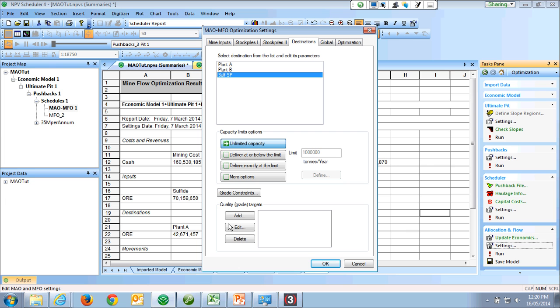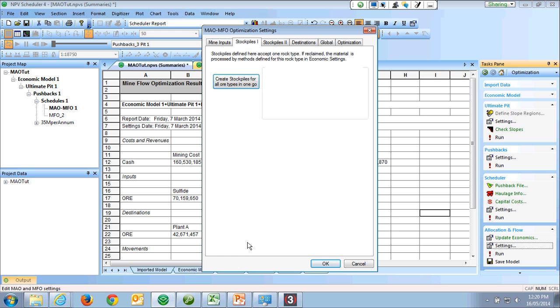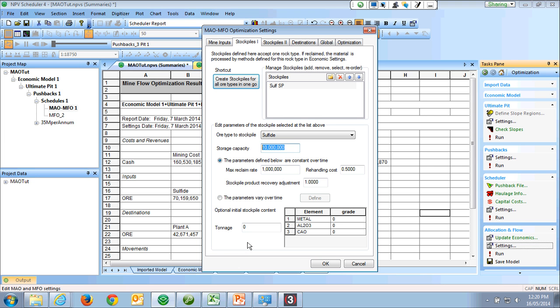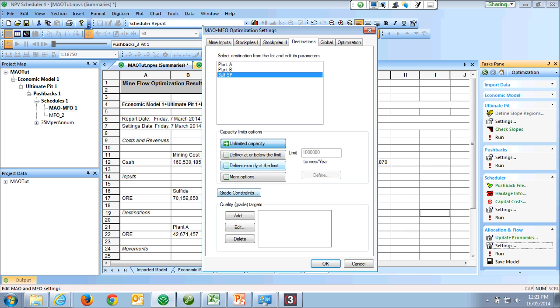And here our stockpile can receive an unlimited capacity per year, or yes, this is a rate-based, because we've got a storage capacity of 10 million, so the maximum that it can receive at any point in time is 10 million.